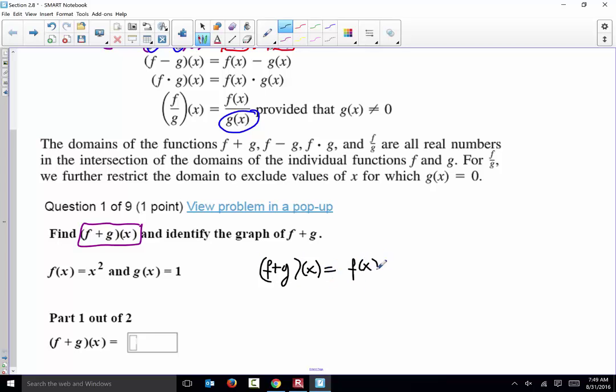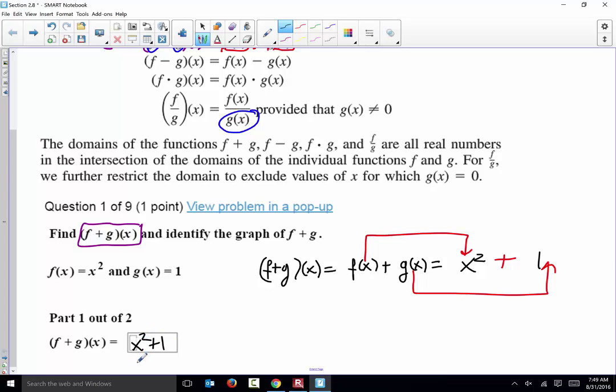Basically, they want the equation of f and g combined together with a plus in between. All we need is find out what f is, find out what g is, and put a plus in the middle. So what is f? G. So x squared plus 1 is the answer.